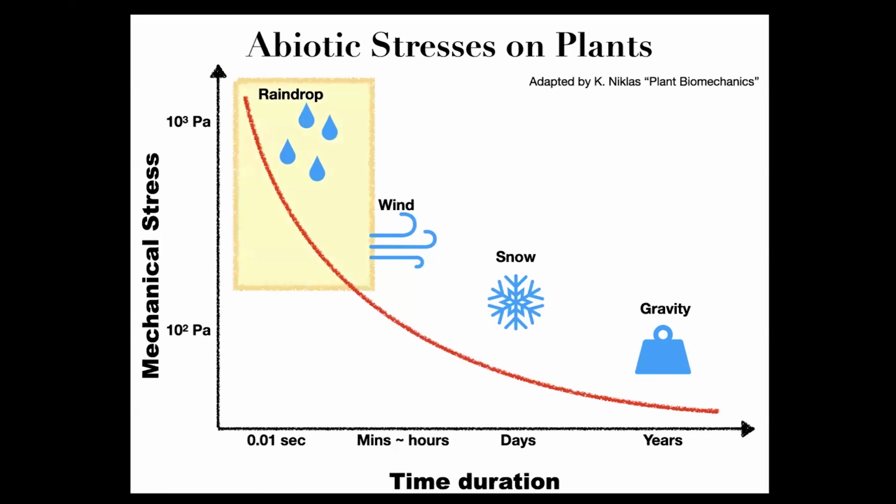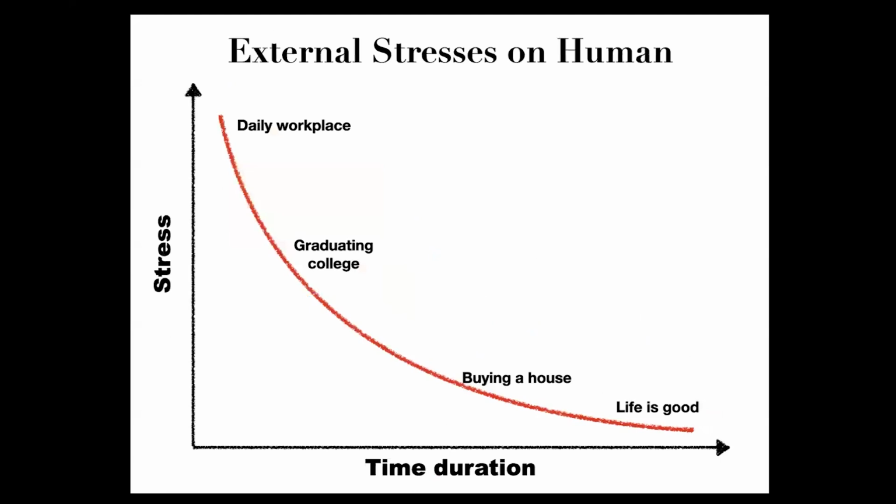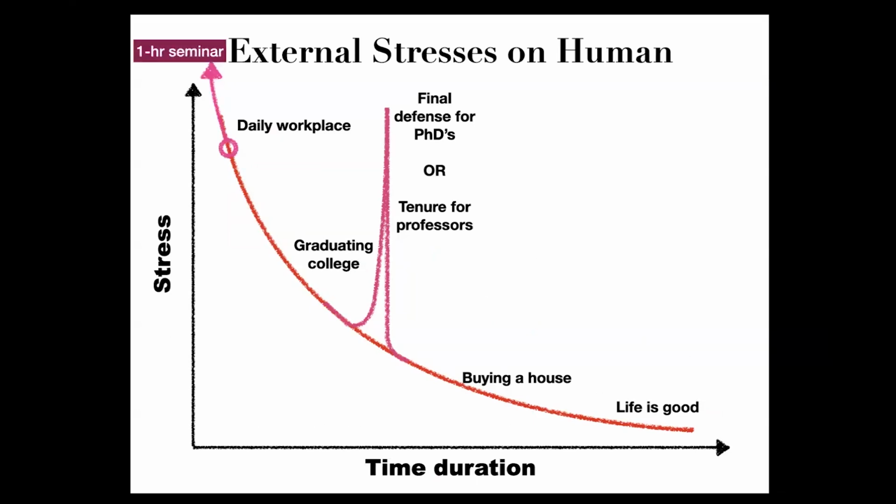This is a stress on the plant, which is true for stress on humans too. Daily life is very stressful, with graduating college and buying a house, and at the end, life is good. Right? There's a singularity. When you are tenure track, you need to get tenure, or you need to do the final defense. And there's another singularity, at this origin, which is my one hour seminar, which might be stressful for you.